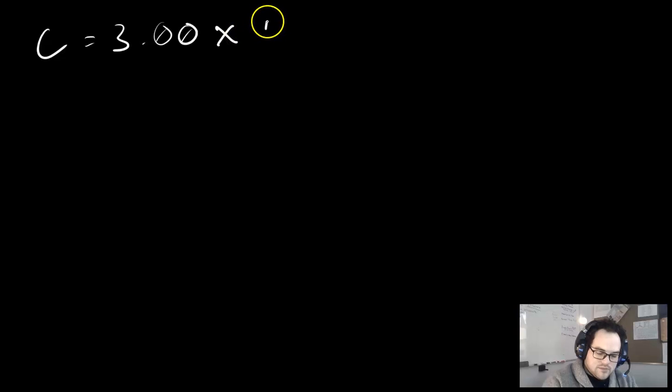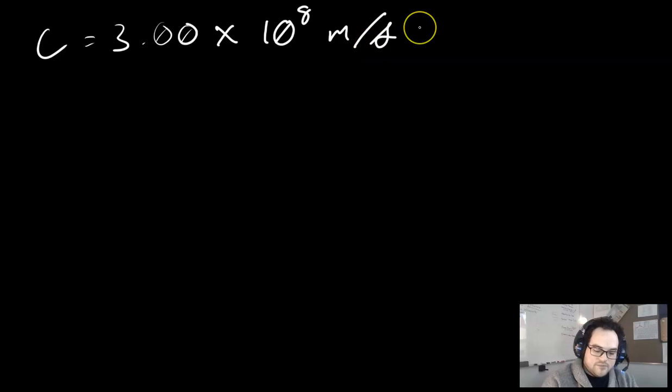So first, scientific notation is how we take very large numbers or very small numbers and make them manageable. So, for example, the speed of light is written as 3.00 times 10 to the 8th meters per second.